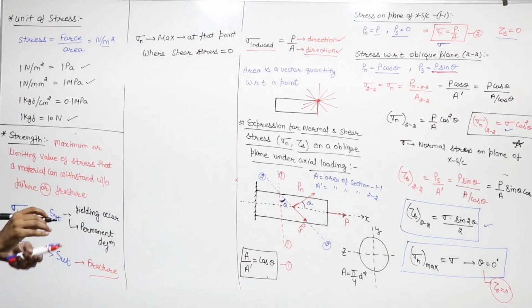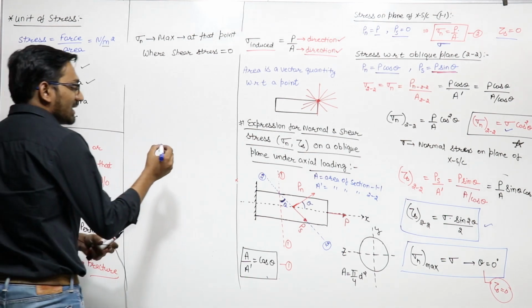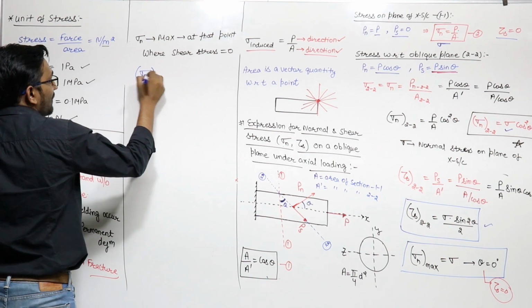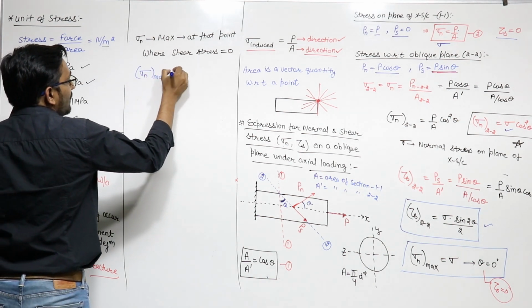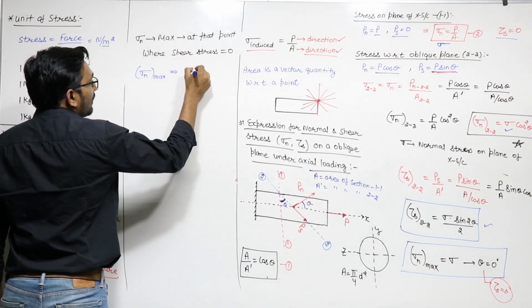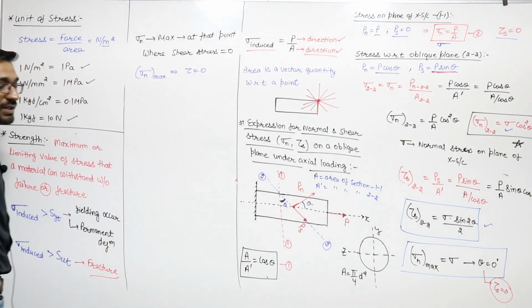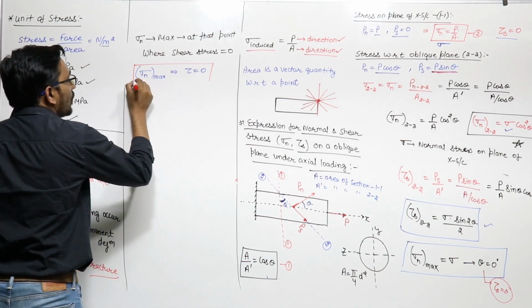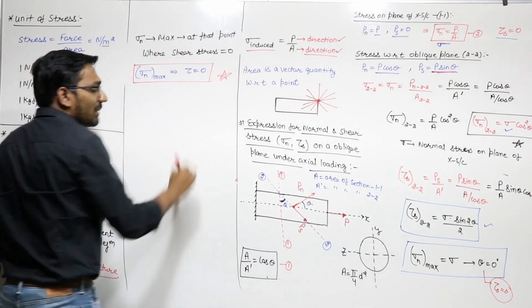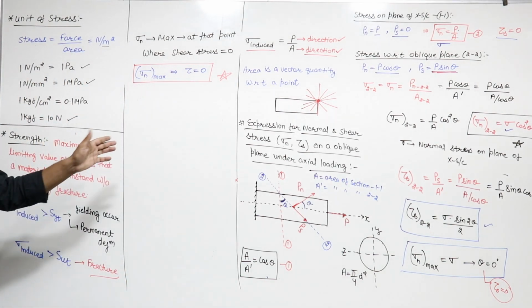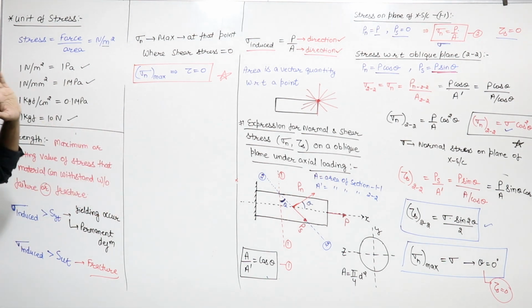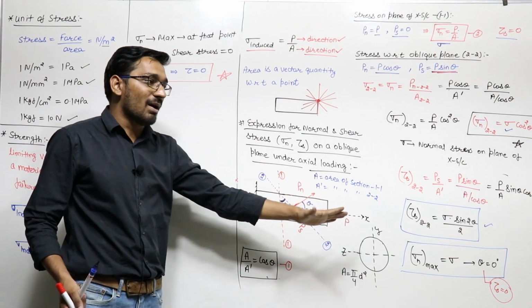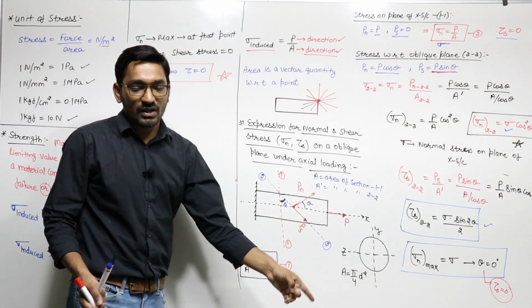This is the most important condition of maximum normal stress. So when sigma n is maximum, it implies that at that plane or at that point shear stress is 0. This is the most important thing. Just remember this. We will also see this later on, but right now one conclusion you can make is that normal stress is maximum where shear stress is 0.